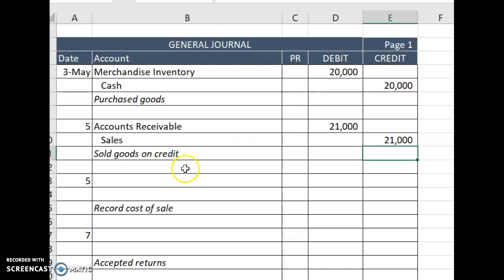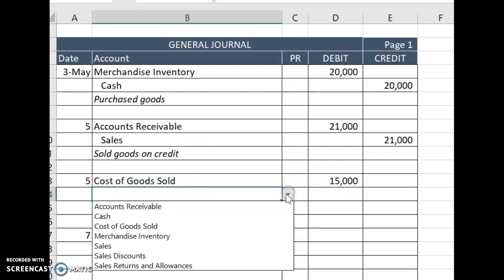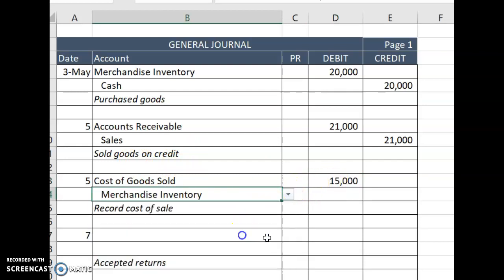Next, we have to remove those goods from our inventory account, and we now are recording them as a cost of goods sold because that's the cost of the units we sold for $21,000. We paid $15,000 for them. Our gross profit on that is $6,000. Cost of goods sold gets debited for $15,000. Merchandise inventory is a credit of $15,000.